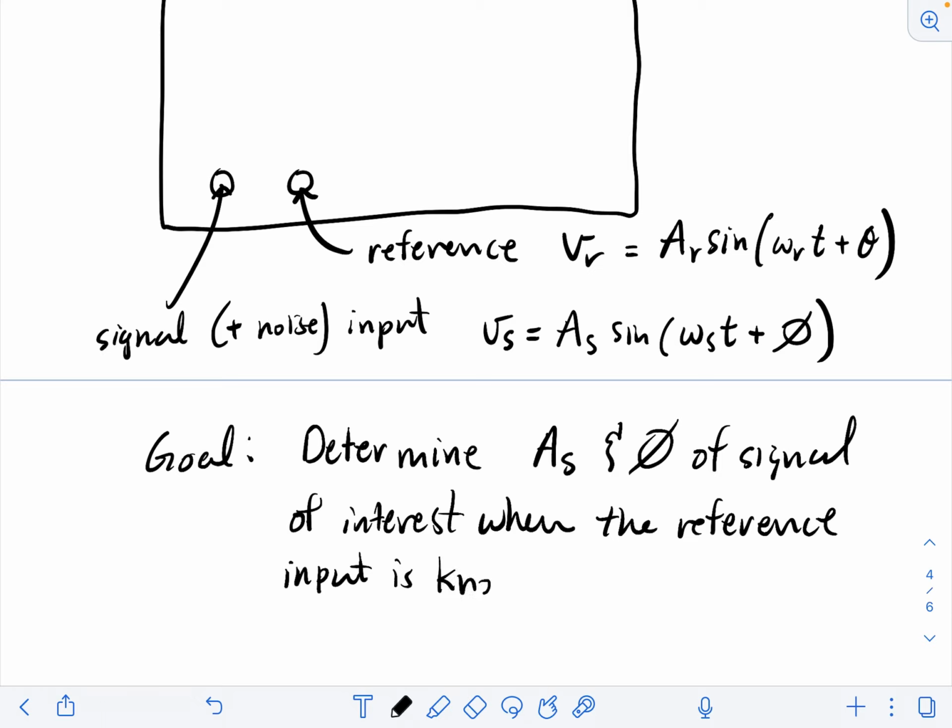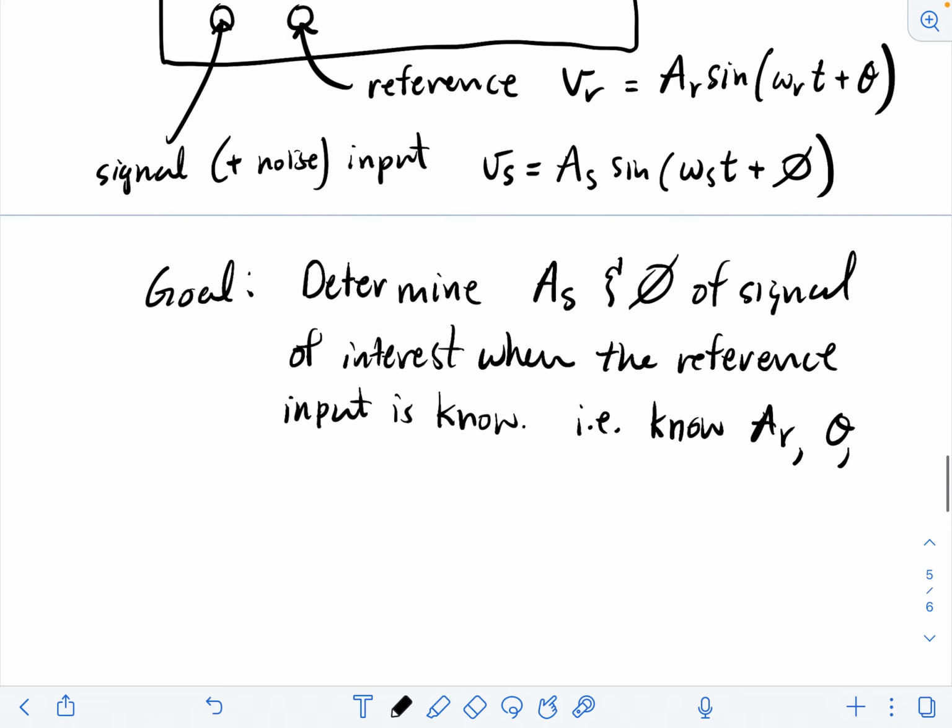That is, we know in advance the amplitude of the reference signal, the phase of the reference signal, and the frequency of the reference signal. We'll assume that everything about the reference is known. That makes sense because that's generally the signal that's being used to stimulate or drive our apparatus, and then we're trying to look for some response.